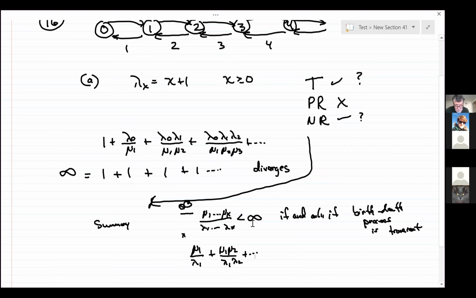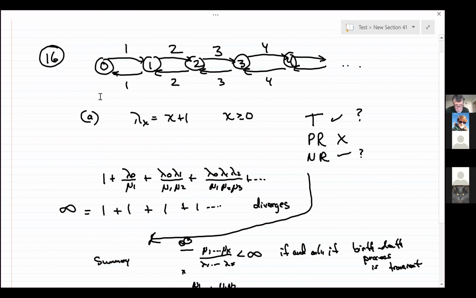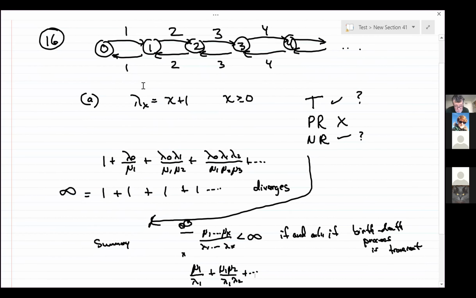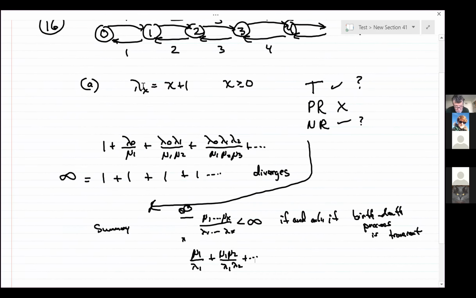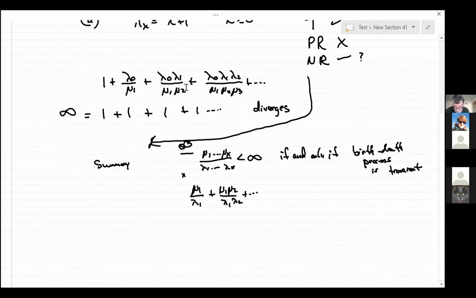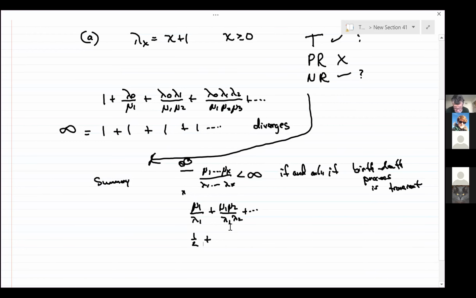Okay, but mu1 is 1 and lambda 1 is 2. So this thing is 1/2. And so mu1 over lambda 1 is 1/2.